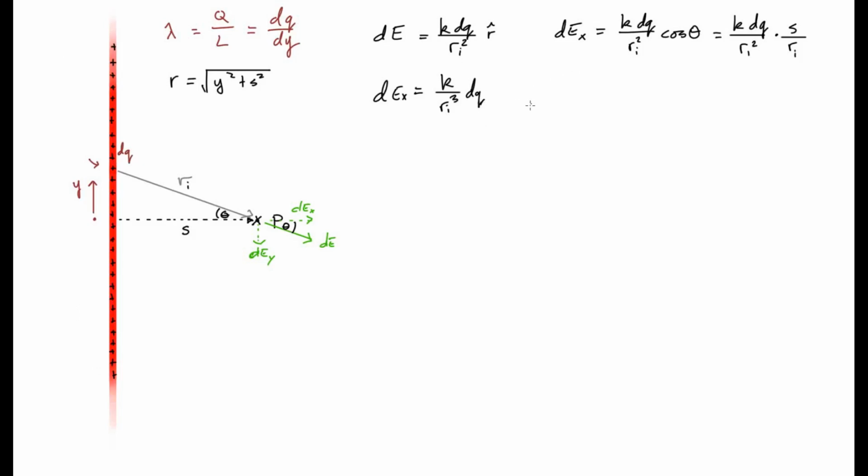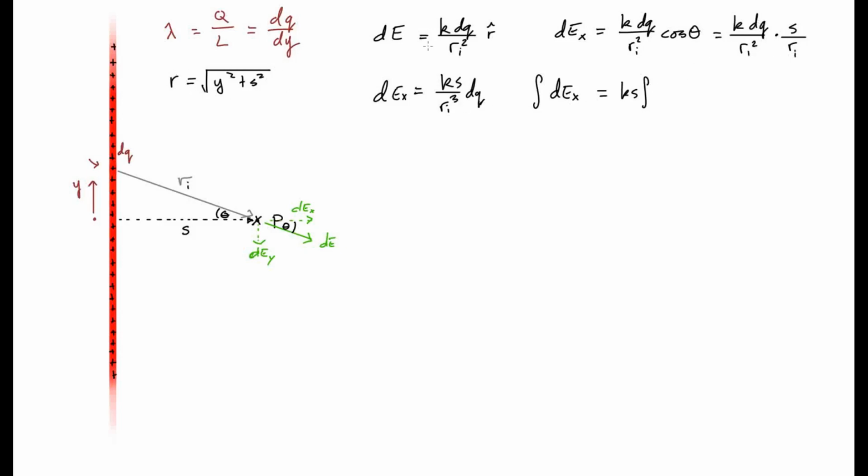So now we can bring this back, and we're ready to take the integral of all of these to get a total amount of electric field in the x direction. This will be equal to, we can pull the k out, because that's just a constant. Oh, I forgot my s. We'd also have an s out front here. We have dq over r cubed.